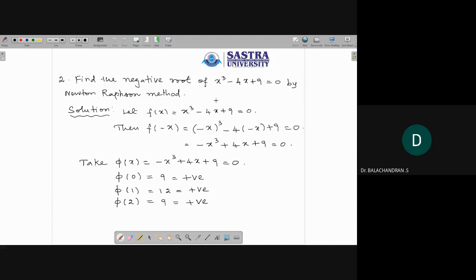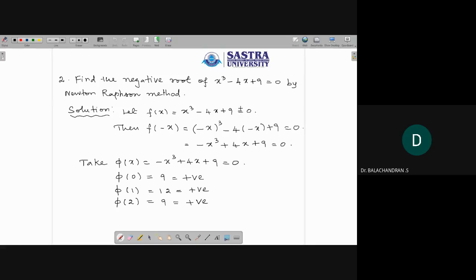Now, let us take f of x is equal to x cube minus 4x plus 9 equal to 0.